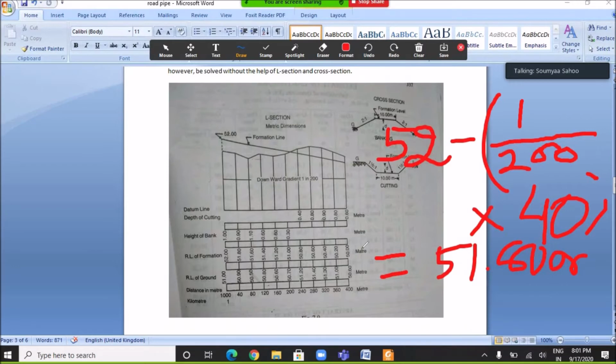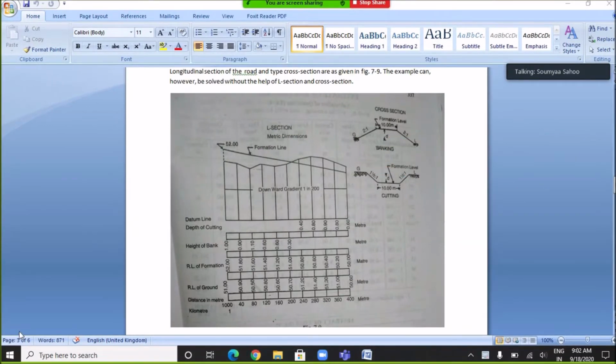In a similar manner, we can calculate the reduced level of formation at different stations. After calculating all the reduced levels of formation, we have to draw another rectangular box in order to show all the heights of banking and depths of cutting.